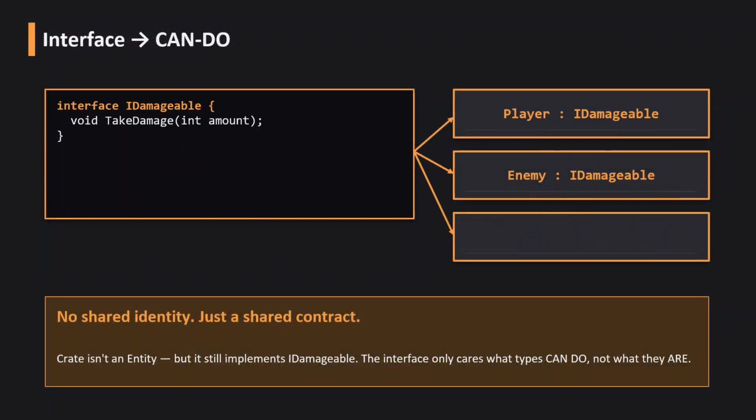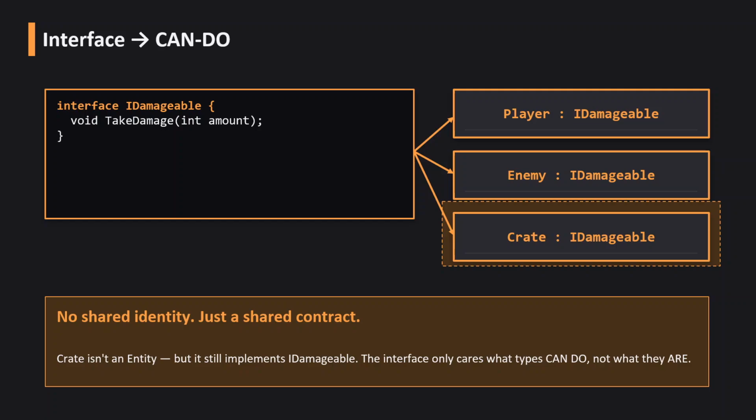Now for interfaces, which is a can-do tool. Here's interface IDamageable. It's tiny, just a single method signature. Take damage, no implementation at all. It's a pure contract. Now look who implements it. Player implements IDamageable, enemy implements IDamageable, and crate also implements IDamageable. Crate is not an entity.